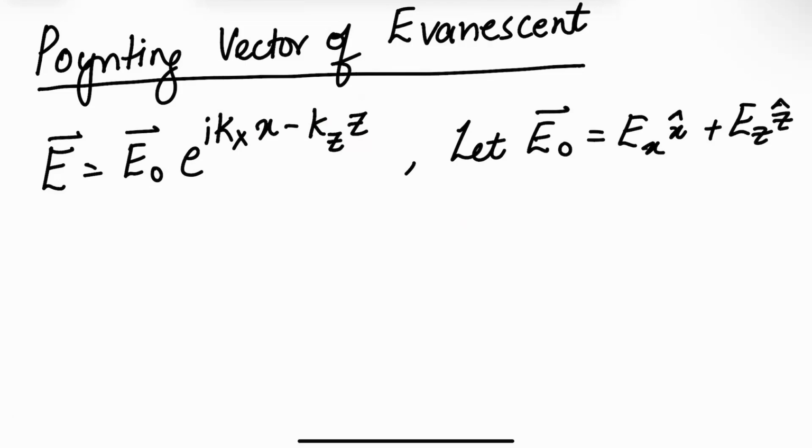This is called a TM wave, which we'll see later in the next lecture. Today I'm just choosing this case. There's another case, which is the TE case, which you can also choose, but that's what I'm choosing for now.